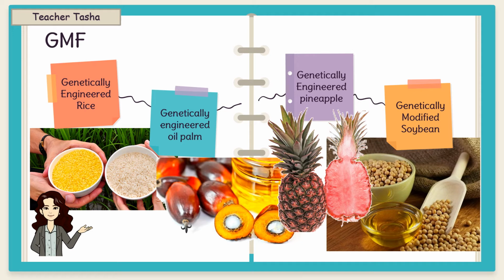Thus, the soybean becomes tolerant against the herbicide and can survive the use of weed killer. Genetically modified soybeans are mainly used as livestock feed. They are also used in food products such as tofu, soy sauce, and also as an emulsifier in ice cream, chocolate, and margarine. So basically, genetically modified soybeans are herbicide tolerant.